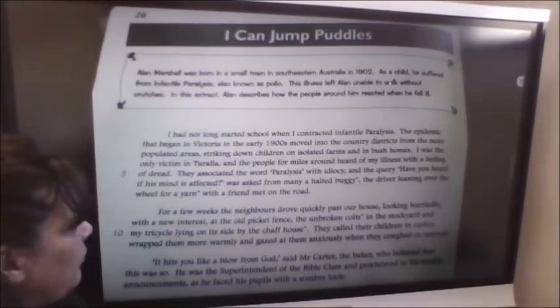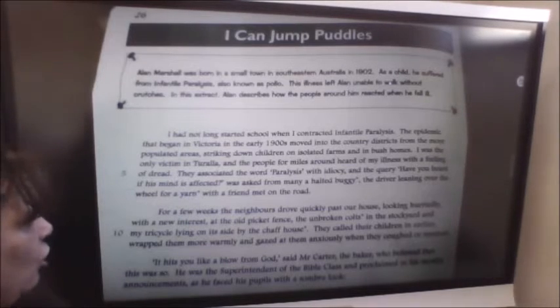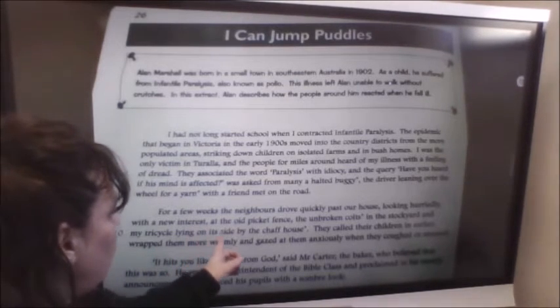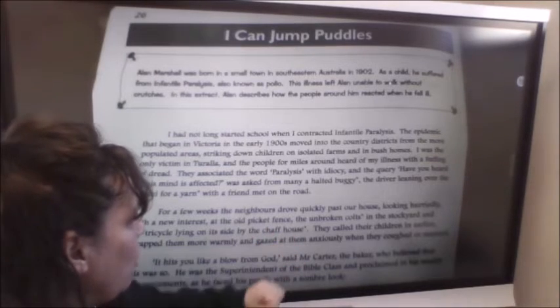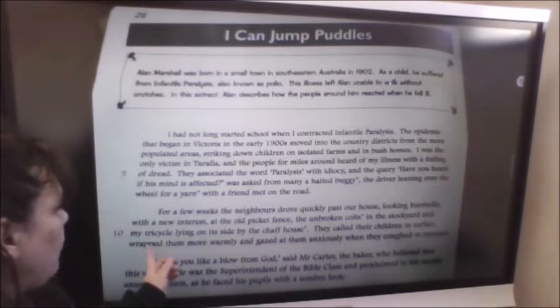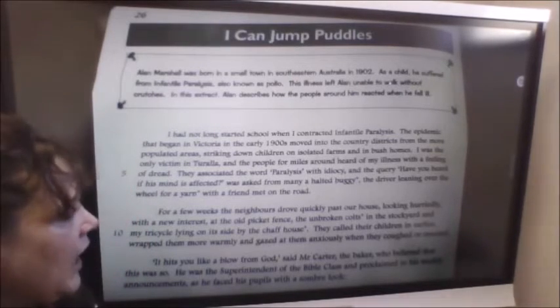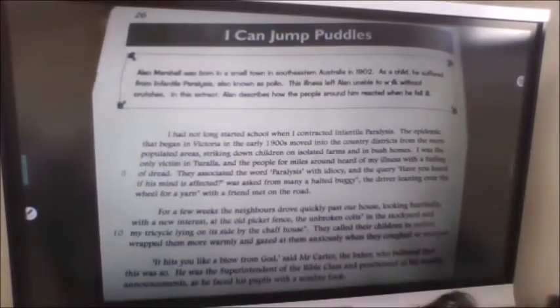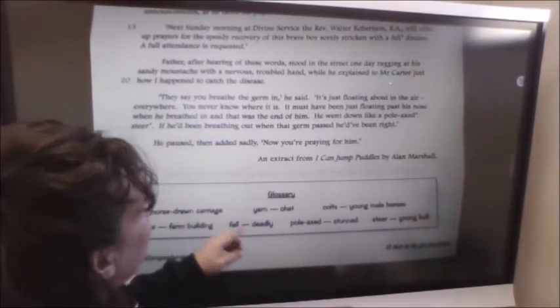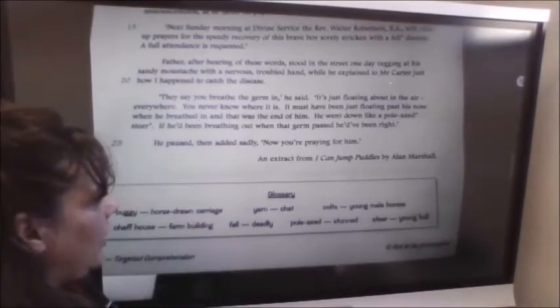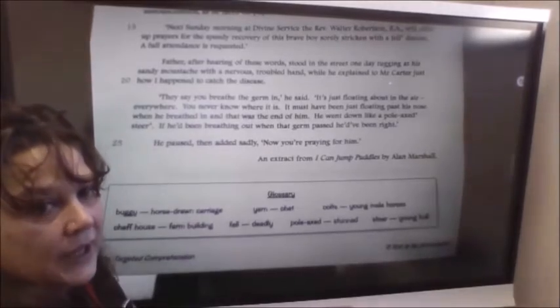"For a few weeks, the neighbours drove quickly past our house, looking hurriedly with new interest at the old picket fence and the unbroken colts in the stockyard, and my tricycle lying on its side by the chaff house." So if you have a little look at your glossary, I'll just move it up a little bit so you can see it. Yarn is a chat, colts are young male horses, and the chaff house is a farm building.